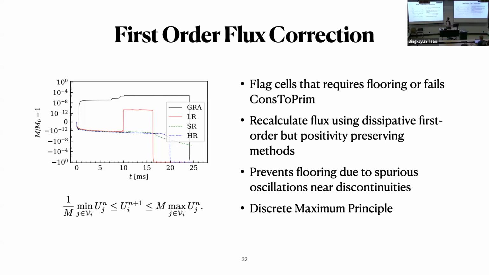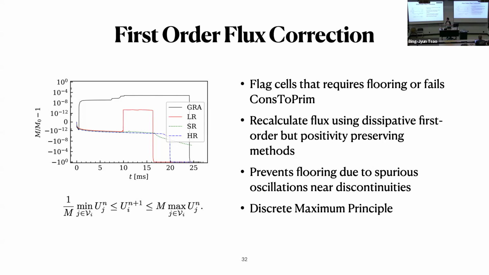In addition to first order flux correction, usually before the conservative-to-primitive inversion fails, there's already some unphysical oscillations in your system. So as an effort to predict this and remove these unphysical oscillations as much as possible, we also enforce a discrete maximum principle.